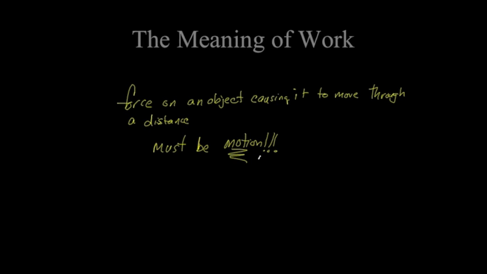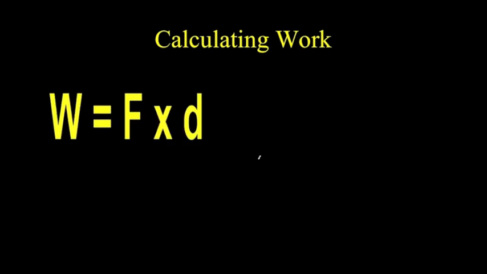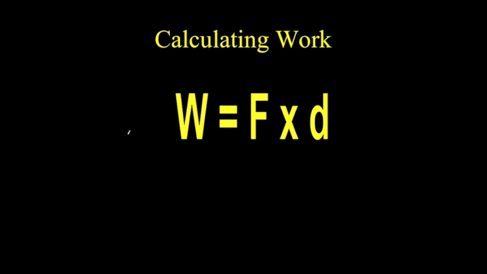So if we have to use a force to move an object through a distance, we can calculate work using the formula work equals force times distance. Now you could plug this into your formula triangles like we've done all year. Whereas you have force measured in newtons, times distance measured in meters.